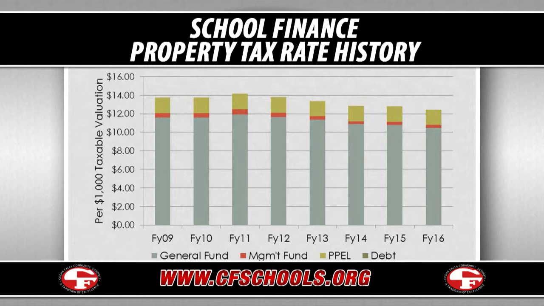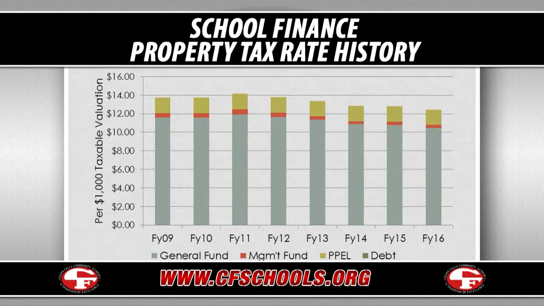Those are a categorical or specific use type fund where we can only pay for insurance benefits, not employee insurance benefits, but property, auto, liability, that sort of thing. And then the PEPL fund is the physical plant and equipment levy. The district has been fortunate enough to have that fund, and the community has supported that for a number of years.